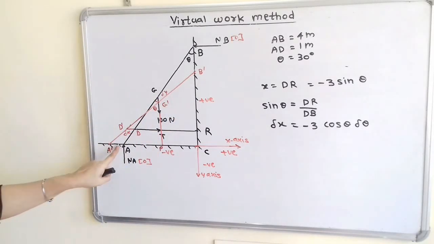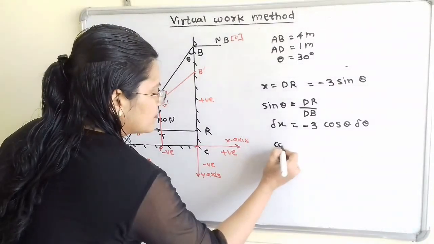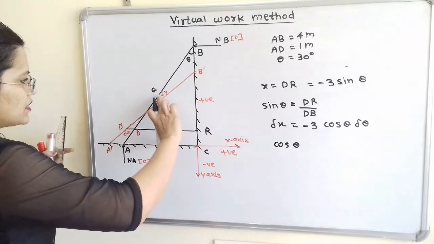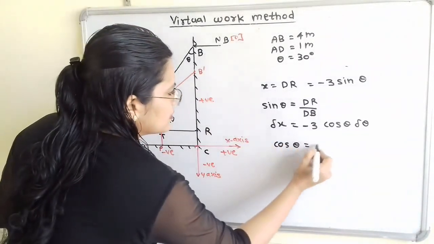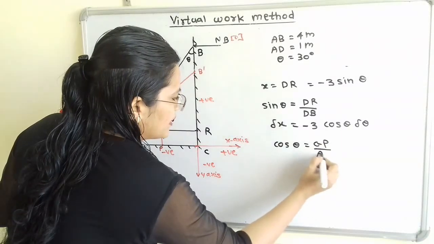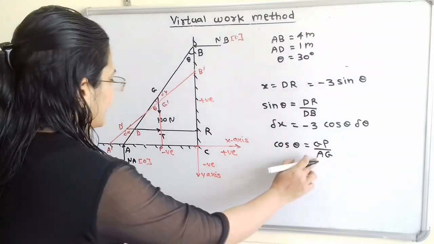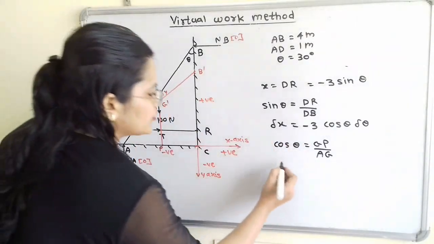So in this triangle AGP we can say that cos of theta is equal to GP divided by AG. So GP, that means y. So AG, G is the middle point, that is 2 cos theta.